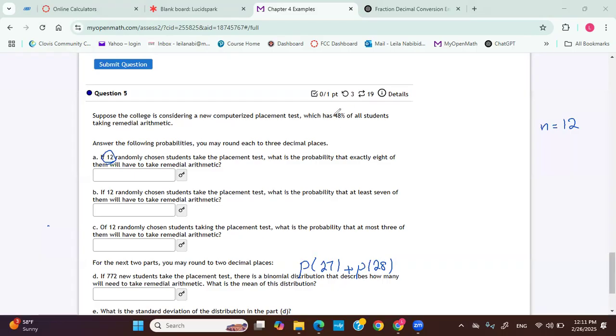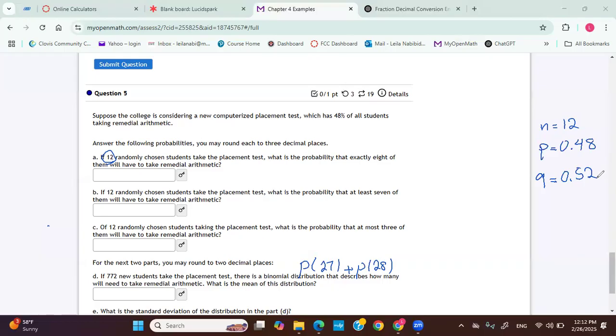When it says 48% take the remedial test, that means the probability of success is 0.48 for all the students, and q is always 1 minus 0.48, which is 0.52. So when I check all the requirements, I see that it is a binomial distribution.